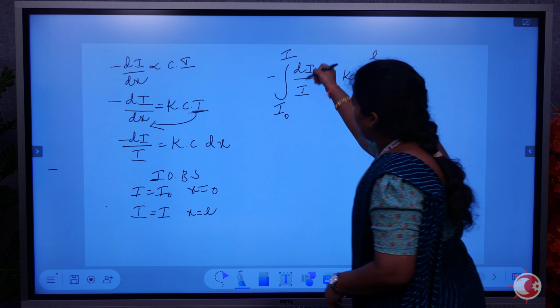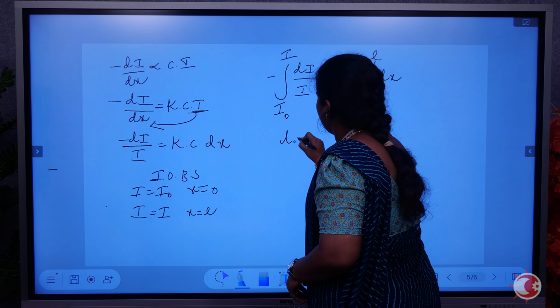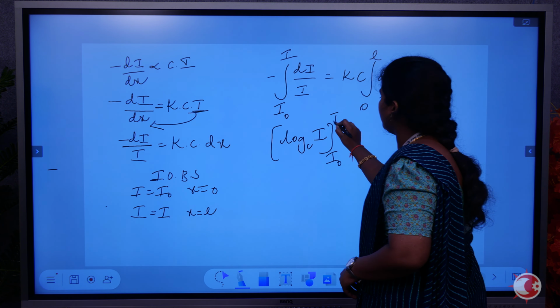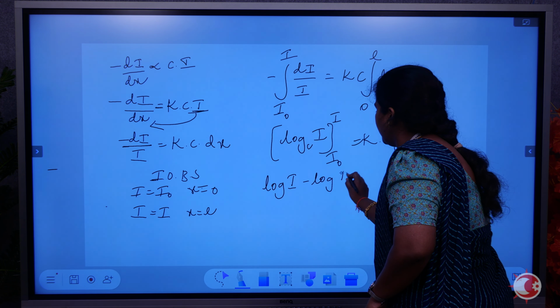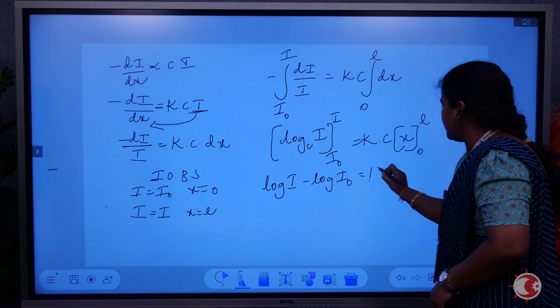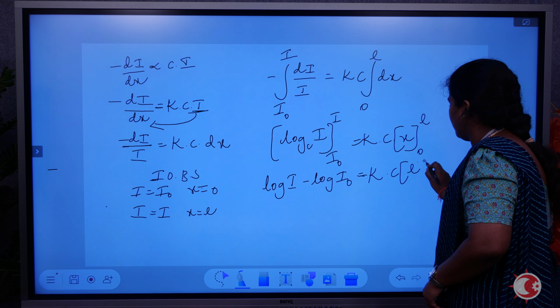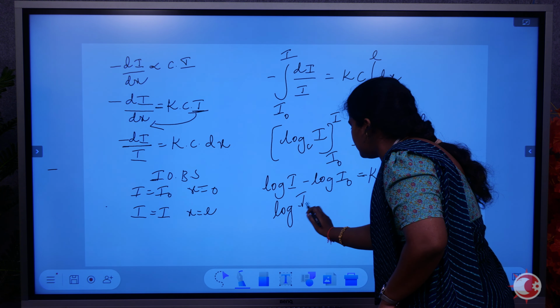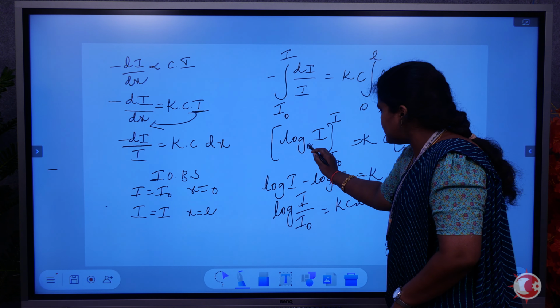Now see, the integration of 1 by I dI is log to the base e of I. Applying the limits I naught to I, it is equal to k into concentration into the integration of dx, which is x, within the limits 0 to L. Now log I minus log I naught, log A minus log B, is equal to k into c into L. L minus 0 can be written as L. Now log A minus log B can be written as log A by B, so I by I naught is equal to kcL. Now this is log to the base e.